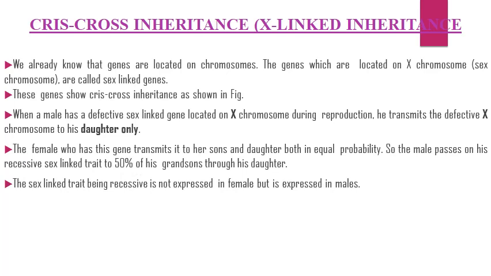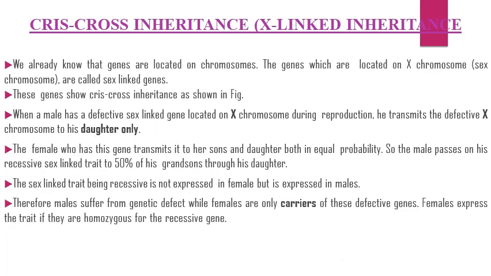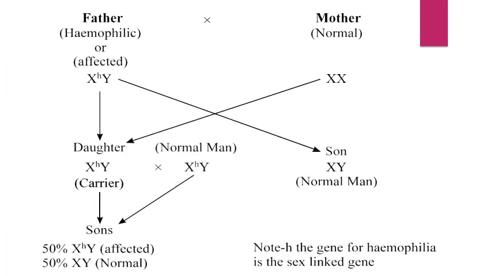The sex-linked trait, being recessive, is not expressed in the female but is expressed in the male. Therefore, males suffer from the genetic defect, while females are only carriers of these defective genes. Females express the trait if they are homozygous for the recessive gene. Father and mother, hemophilic and normal.